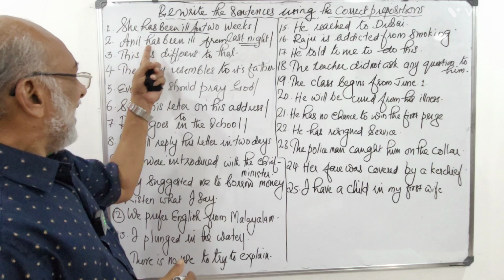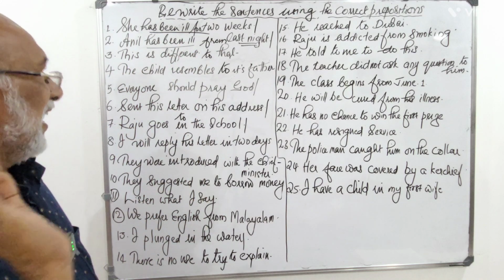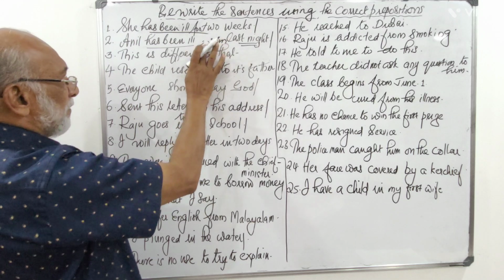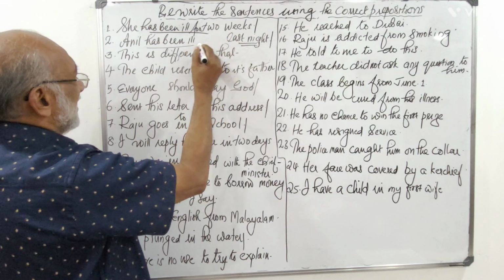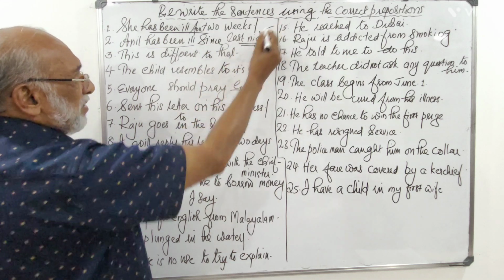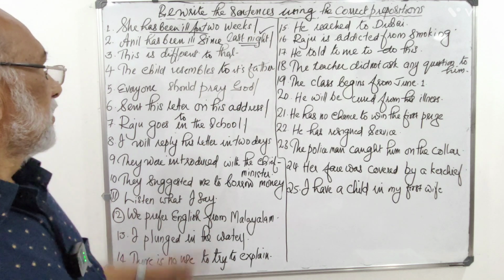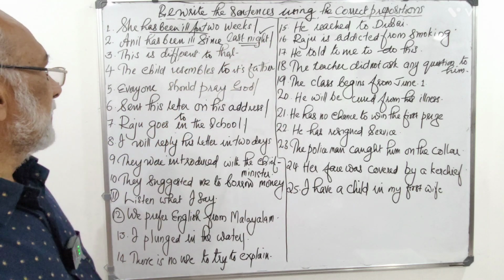So here, Anil has been ill. Tense is correct. Okay, has been ill. Instead of from, we have to use since. Why? Because last night is a point of time. So Anil has been ill since last night.